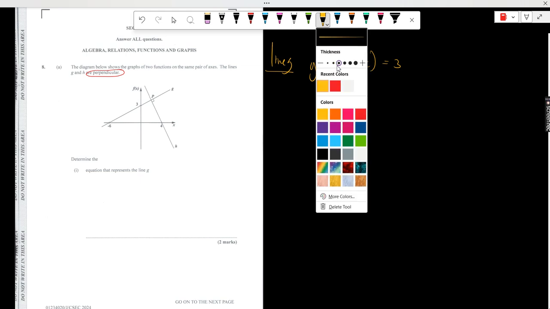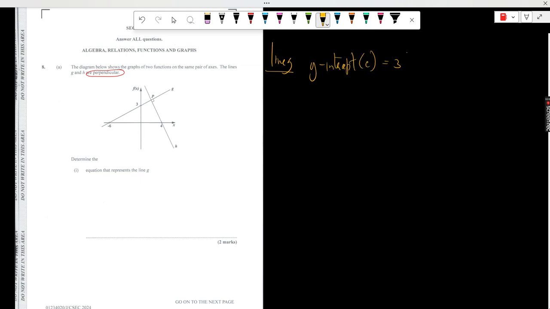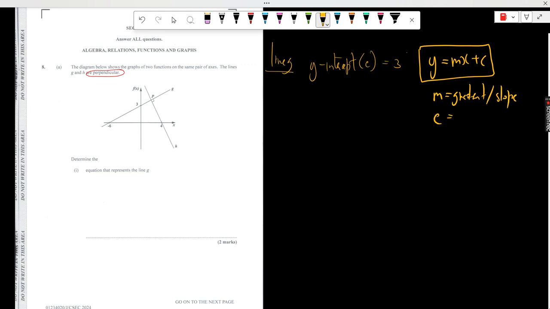Because generally the equation of a straight line is often expressed in the form y equals mx plus c, where of course m is the gradient or the slope, and c is equal to the y-intercept.